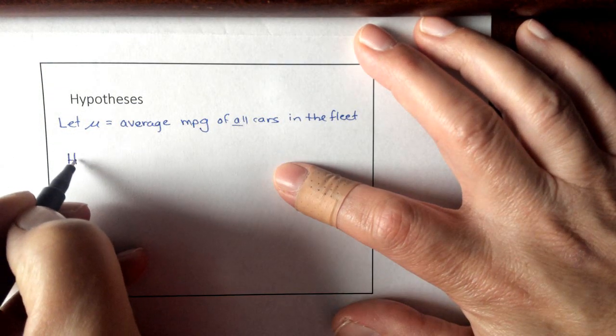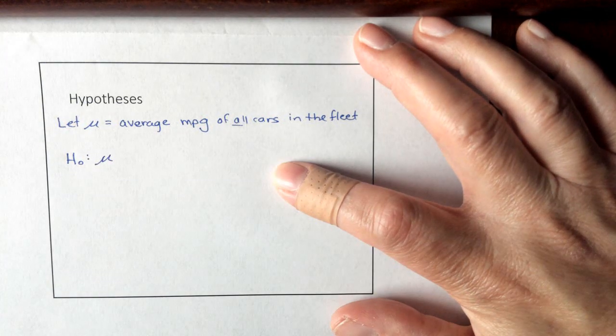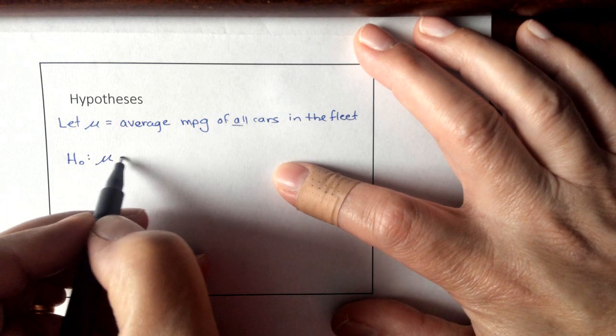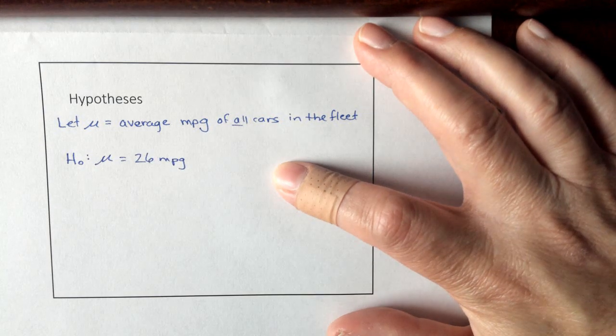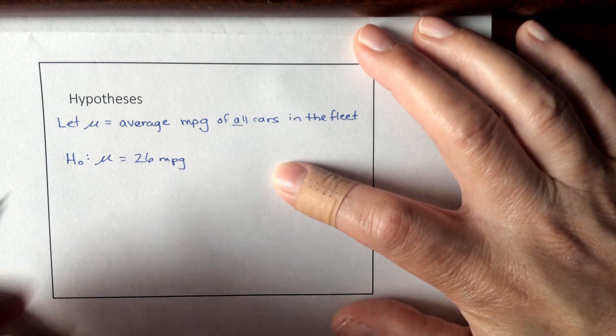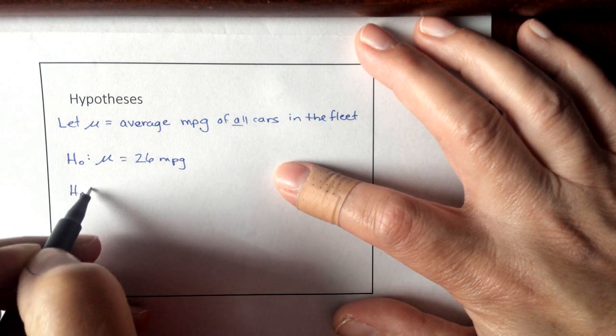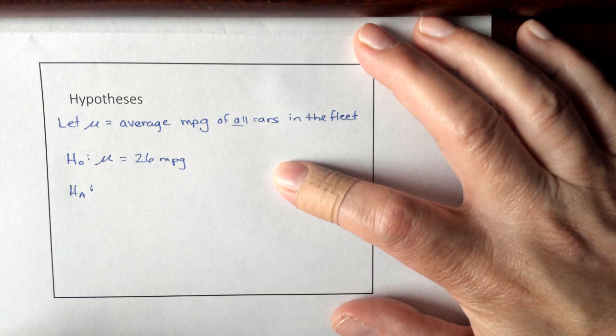So the null is that the mean miles per gallon is 26 miles per gallon. Make sure you include your units there. It's just a good habit. The alternative is that we are not attaining that, which means our fuel efficiency is too low.